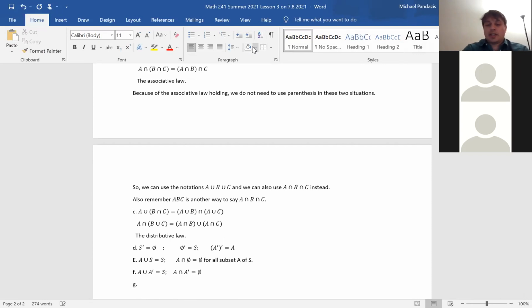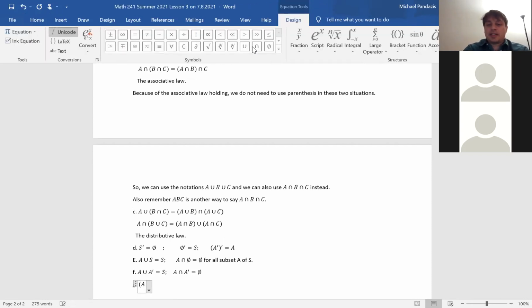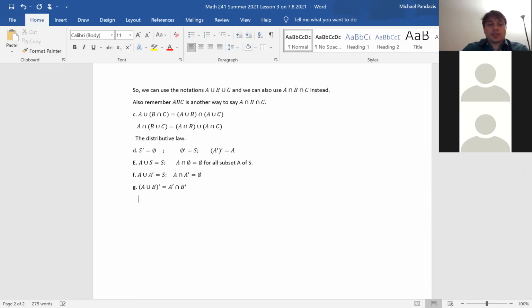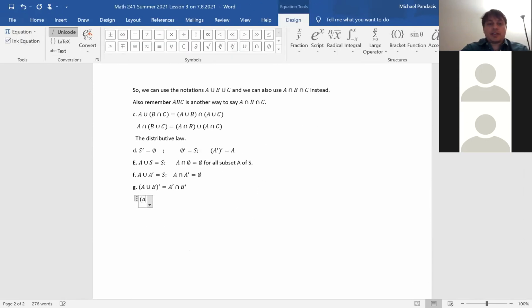And then G: if you take A union B and you take its complement, that's equal to the complement of A intersected with the complement of B. And also, if you take the intersection of two sets and you take its complement, that's equal to A complement union B complement.